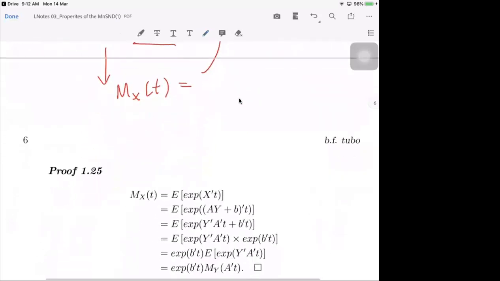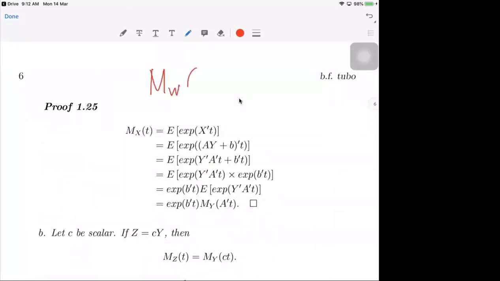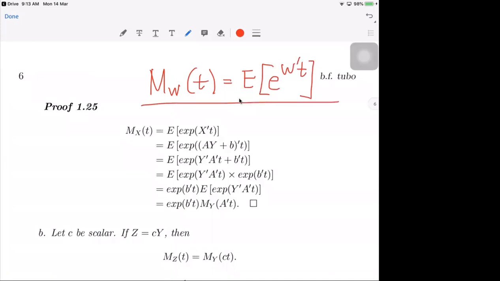By definition, in general, the moment generating function of any random variable W is the expectation of e to the W prime t. That is the usual definition of our moment generating function.